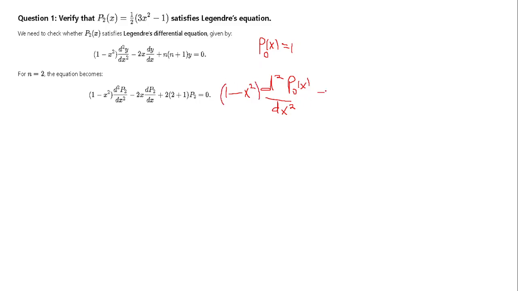Then this will be minus 2x times dP of 0 of x over dx. Then this will say plus, in this case, we're saying n is equal to 0. So this side already gives you 0. Then this also will be 0, n is equal to 0. So this one now is just saying 1 minus x squared.